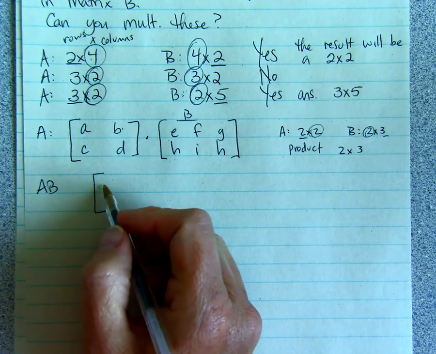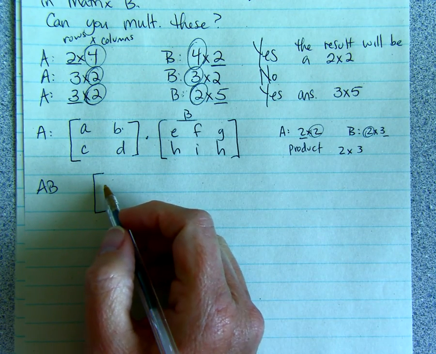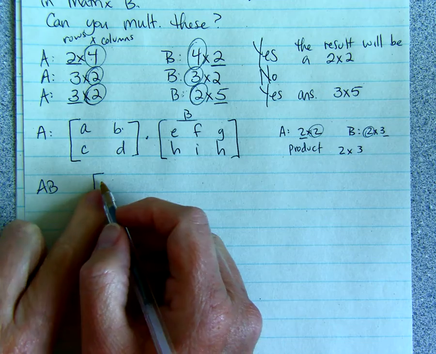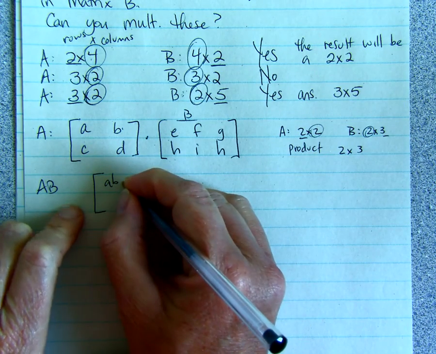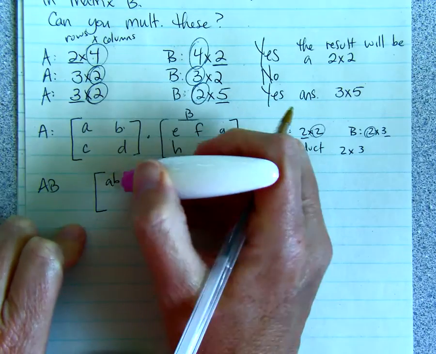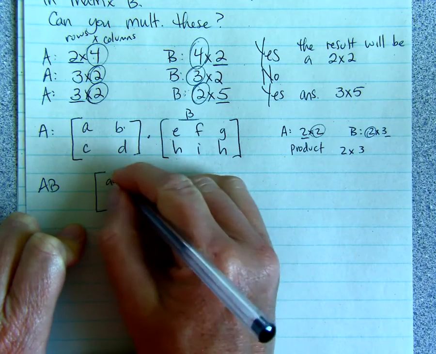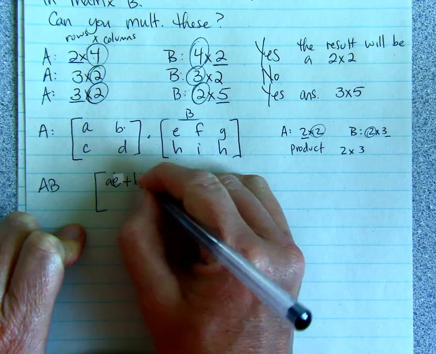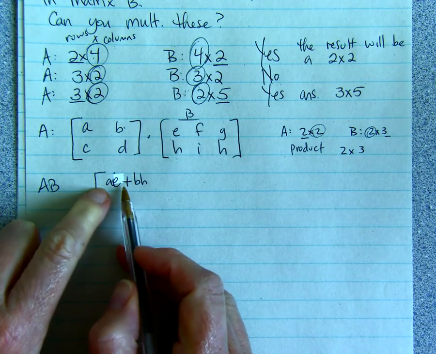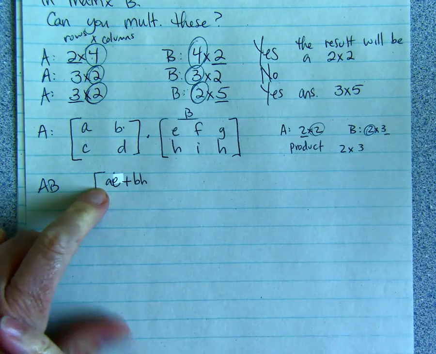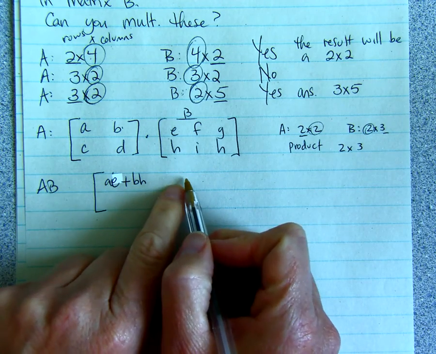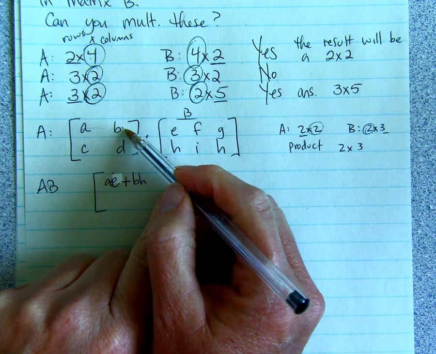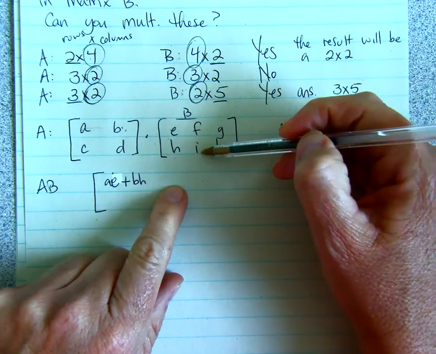So in row 1, column 1, you take A times E and you add B times H. And that sum will be the number that goes in this spot. The first row, second column: we take our first row, A and B, and multiply it by F and I and add them together.